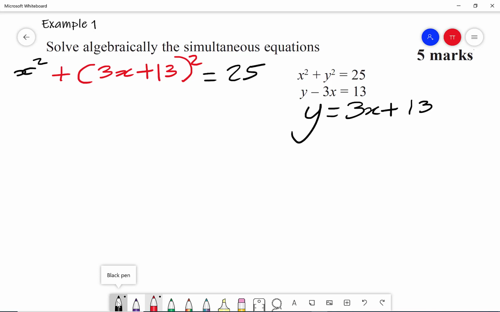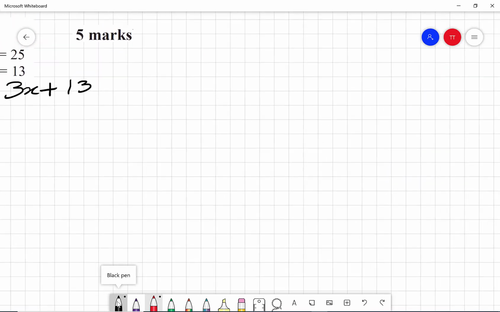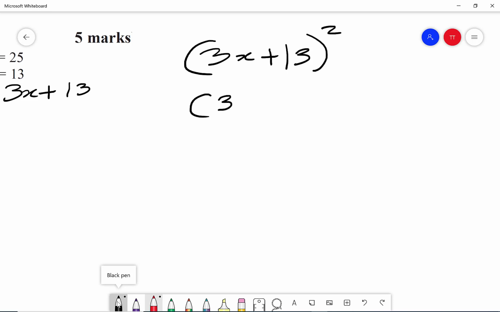So I'm going to multiply 3x plus 13 out over here. We've got 3x plus 13, and we're going to square that term. That basically just means 3x plus 13 times another 3x plus 13.